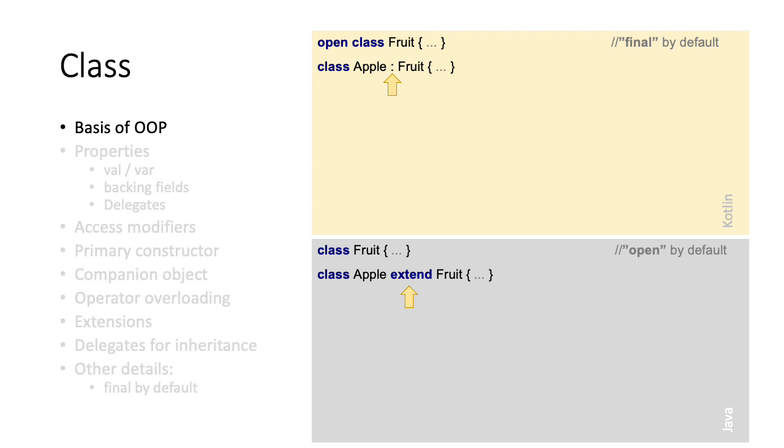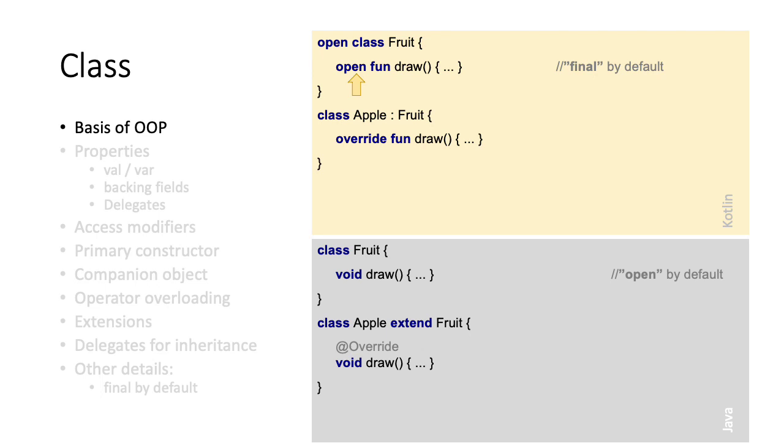In Kotlin, we use a colon. In Java, all methods are open and hence overridable by default. In Kotlin, they are final by default. You need to be explicit if a method needs to be open and overridable. See the difference here: in Java, you annotate with override. In Kotlin, it's a keyword.